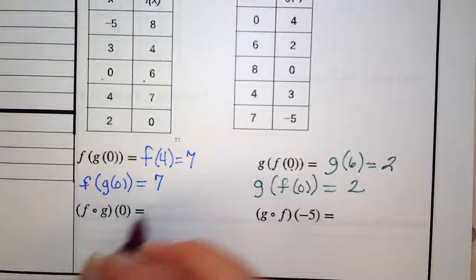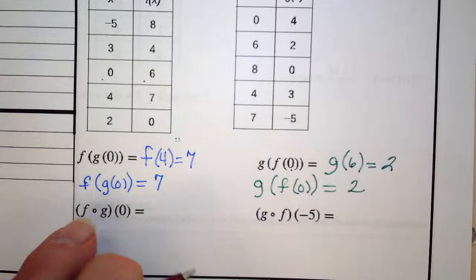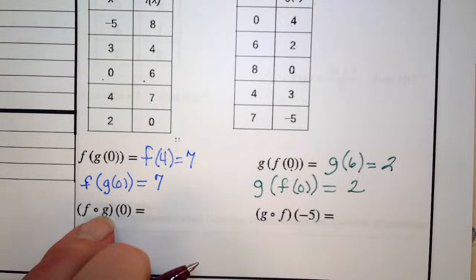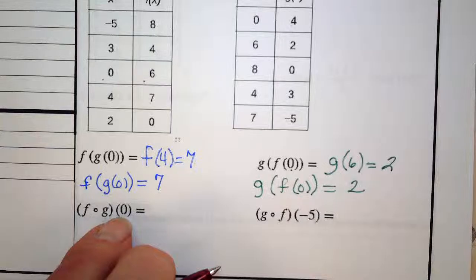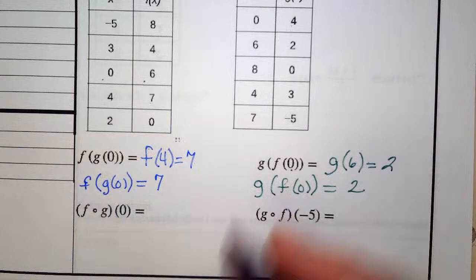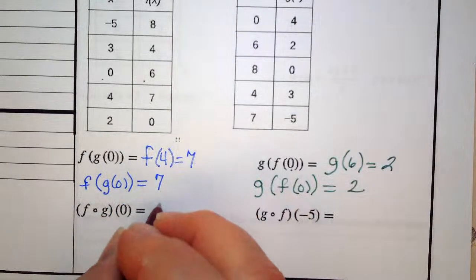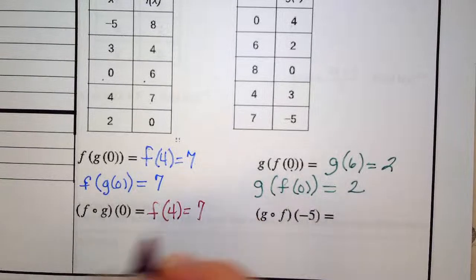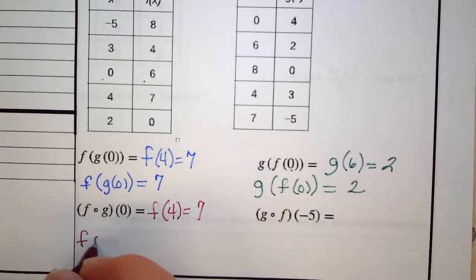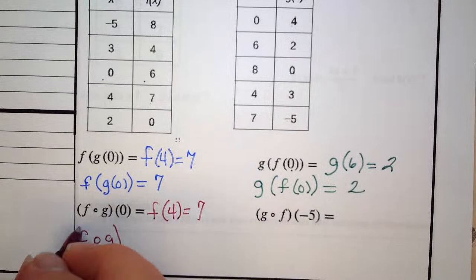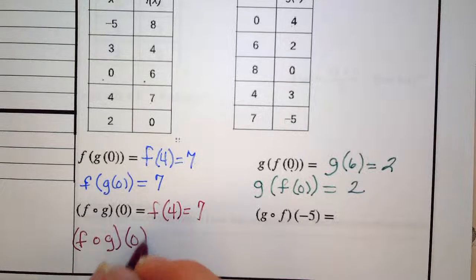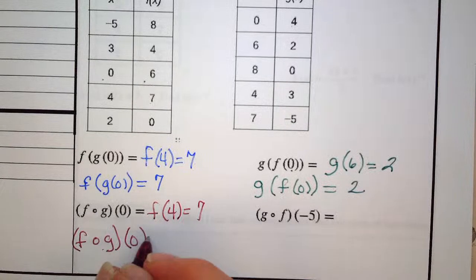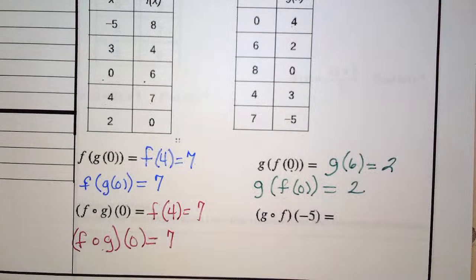So first thing I have to evaluate, in the table g, when x is 0, what is my output? 4. So this becomes f composed with 4, which is equal to 7. So f of g, when x is 0 for the g table, is equal to 7.